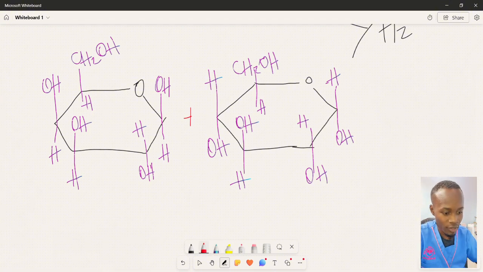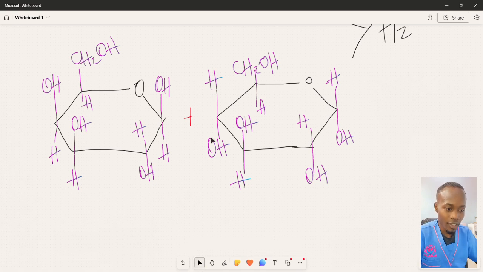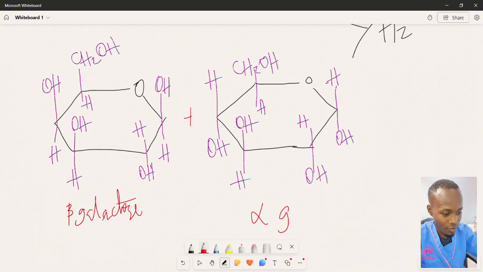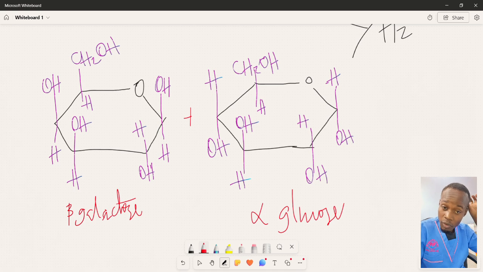The OH is up here, and this one is down, simply because we are having a beta galactose and alpha glucose. And as you know, at carbon number 4 they are always different, they arrange differently.